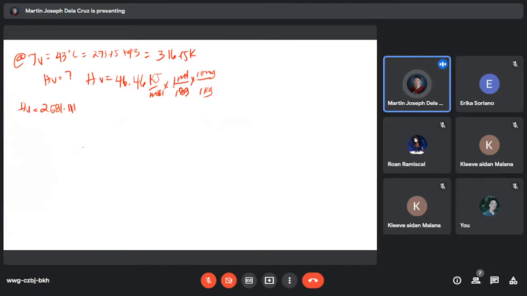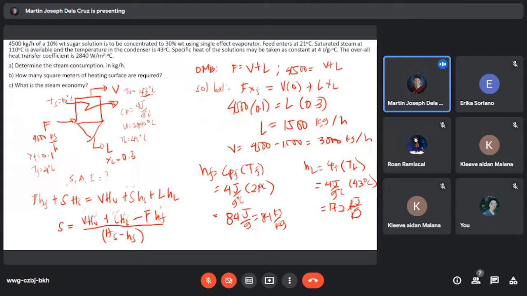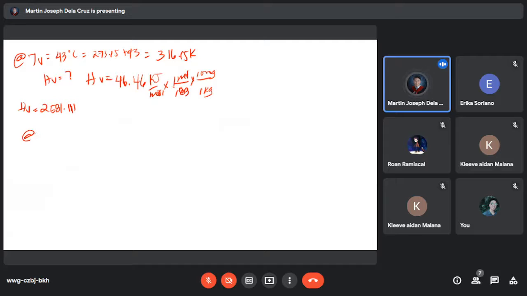So in your steam table again, since meron tayong temperature na 110 degrees Celsius, so what is your saturated liquid and saturated vapor enthalpies? So dapat naka-Kelvin ulit. So 383.15.